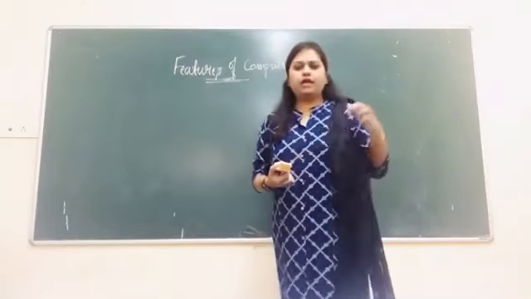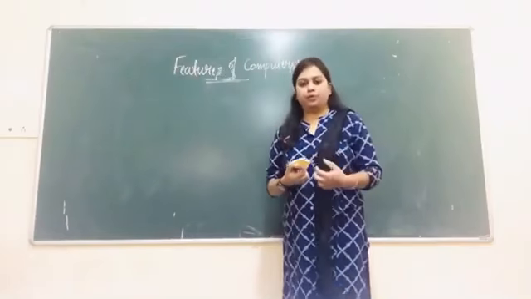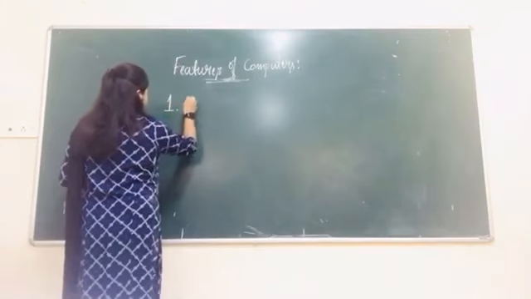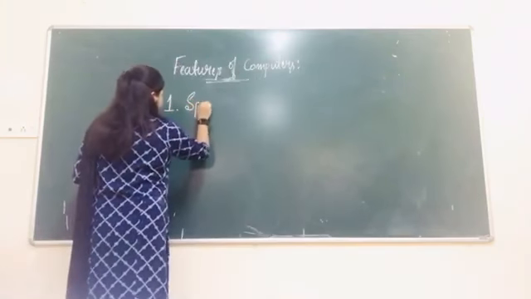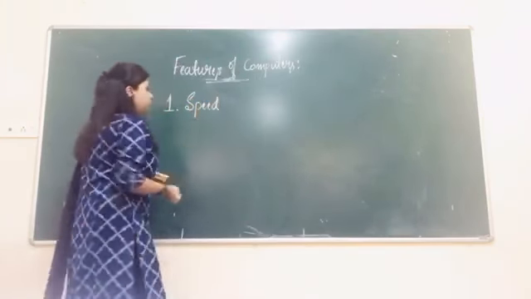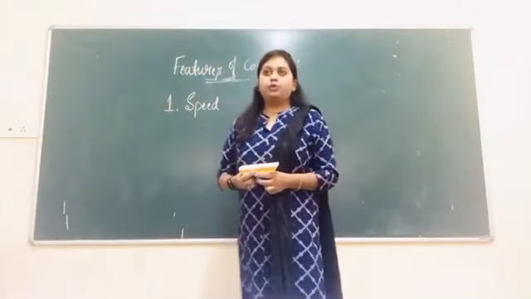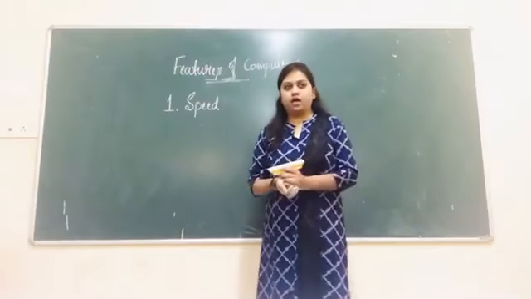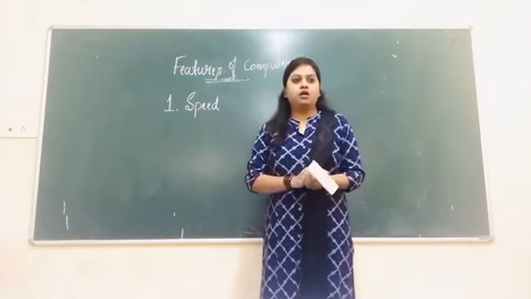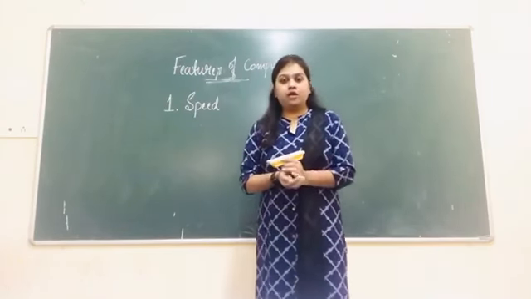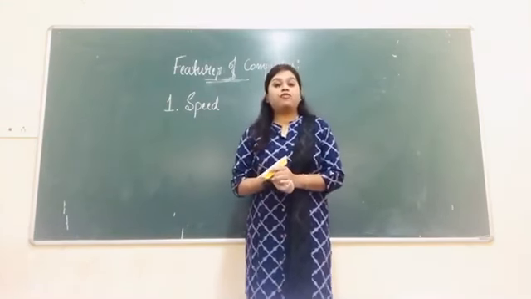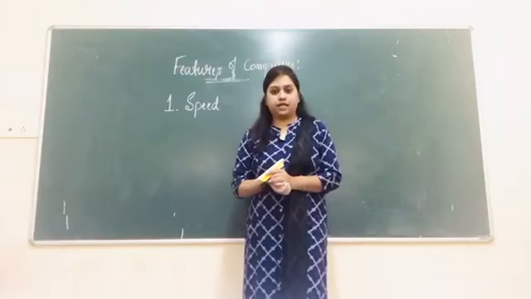There are some important features in a computer. The first one is speed. Computer is very fast at processing data. Just imagine, a computer can process a million instructions per second.